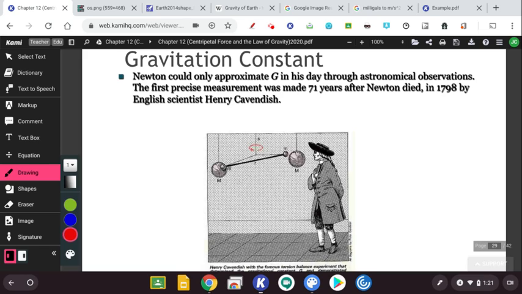as you can see in this picture here, and this is called a torsion balance. And so what he does is he lets this beam that is located right here swing on a single string, and he measures the acceleration of this by looking at the change in position over time.